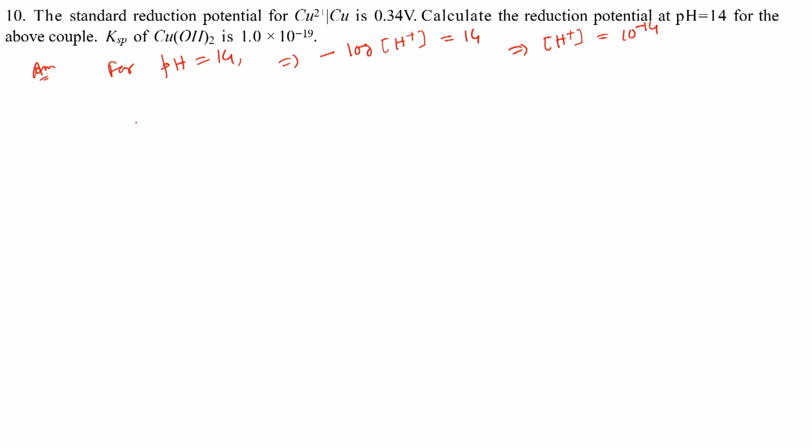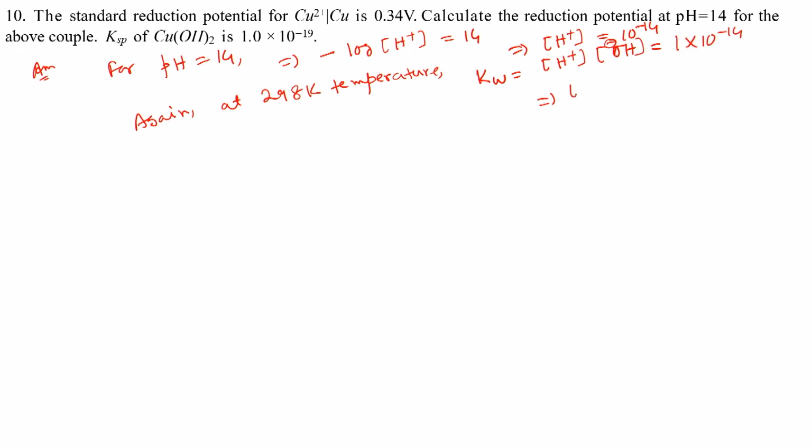Okay. Again, at 298 K temperature, Kw is concentration of H+ times concentration of OH- equals 1 times 10 to the minus 14. So we can calculate the concentration of OH- as 1 times 10 to the minus 14 by 10 to the minus 14, which gives 1.